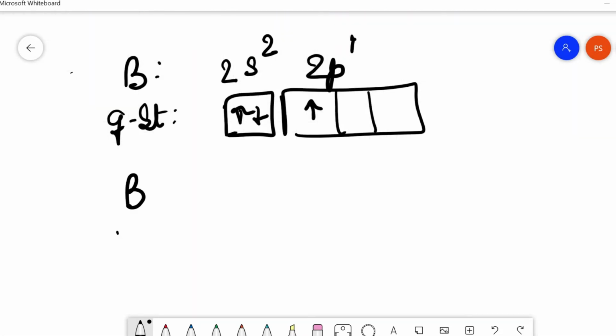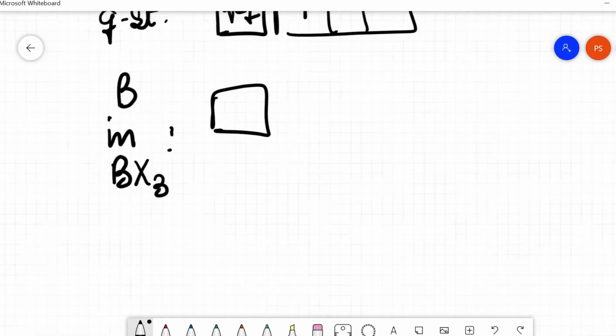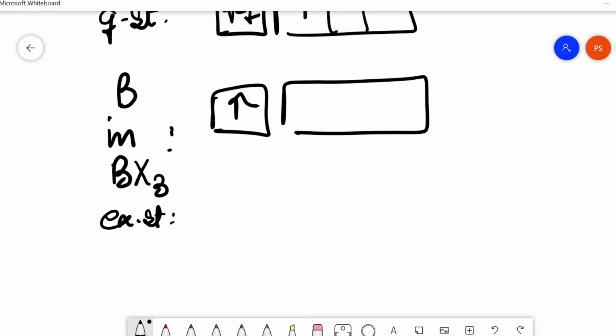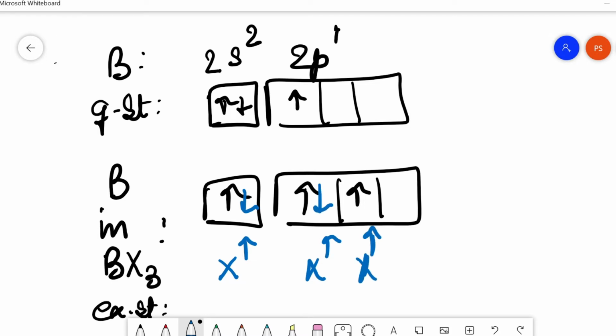In excited state, like in the case of BX3, trihalide of boron, one of the paired electrons jumps to one of the vacant 2p orbitals, forming 3 unpaired electrons. Then an electron from each of the 3 halide atoms is shared with an unpaired electron of the boron atom and thus forms 3 boron-halide covalent bonds, and thus forms the structure which has sp2 hybridization of boron.